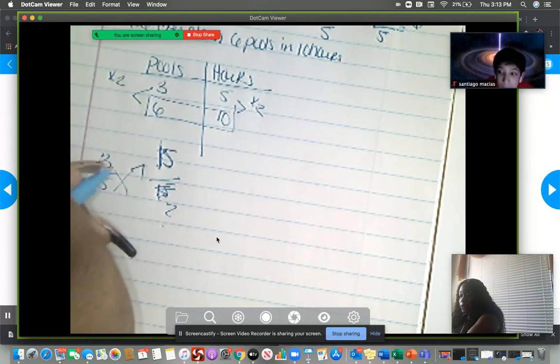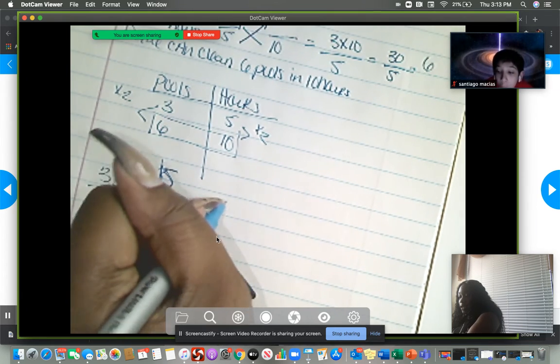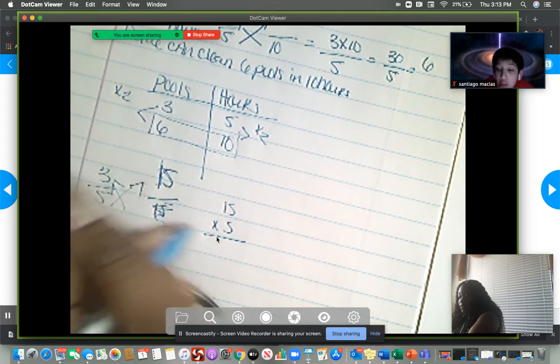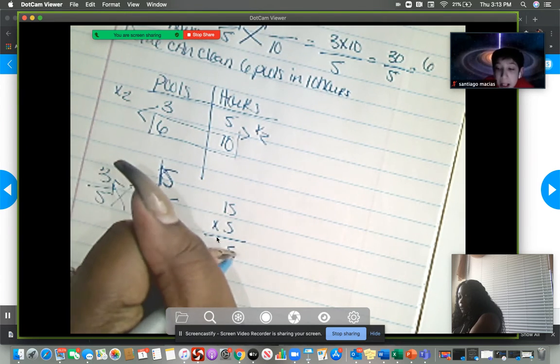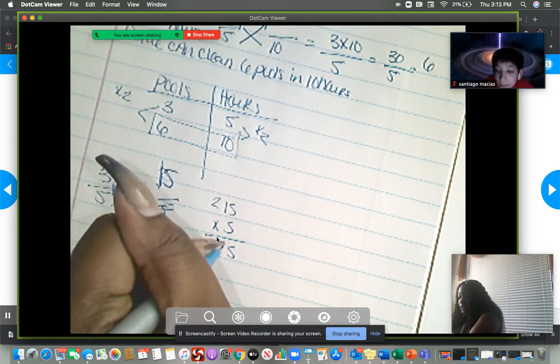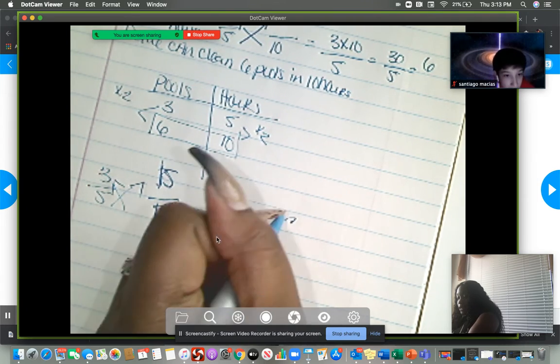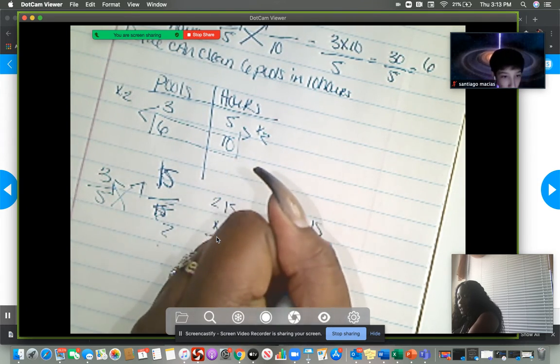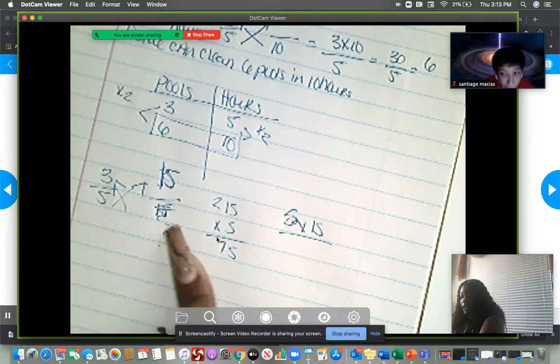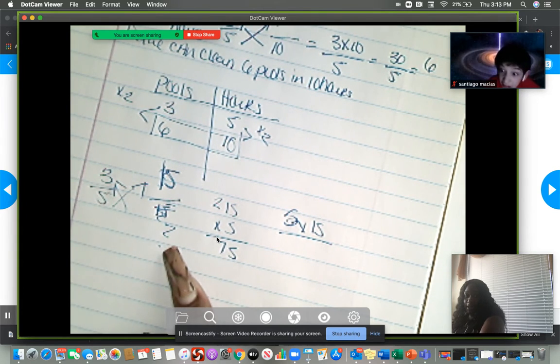Okay, so I'm going to cross multiply. 15 times 5. So I have 5 times 15 divided by 3, because 3 isn't multiplied by anything.